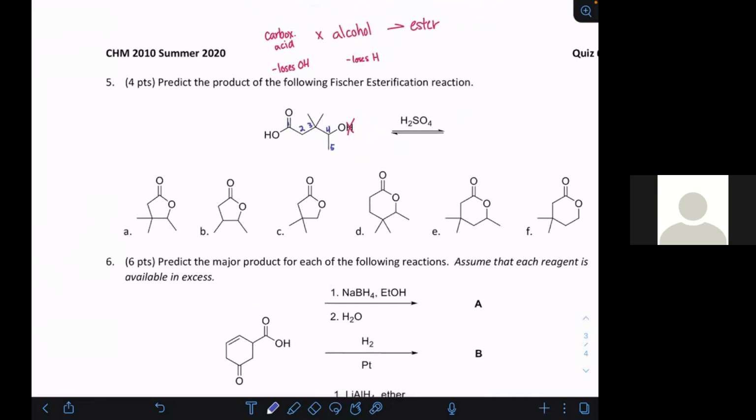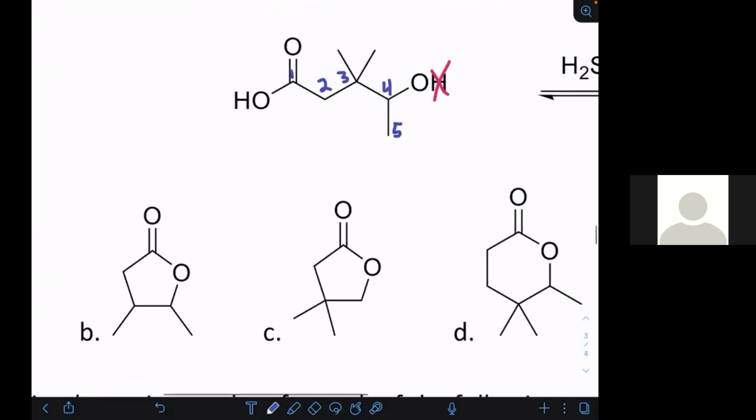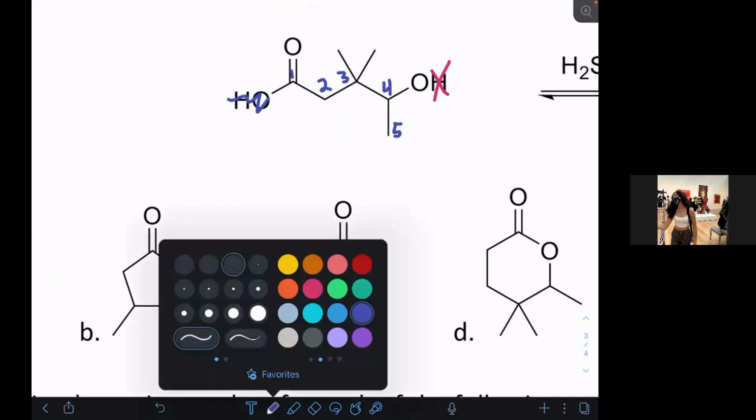The oxygen of the alcohol that lost its hydrogen, next to the red X hydrogen, has to connect to carbon 1.